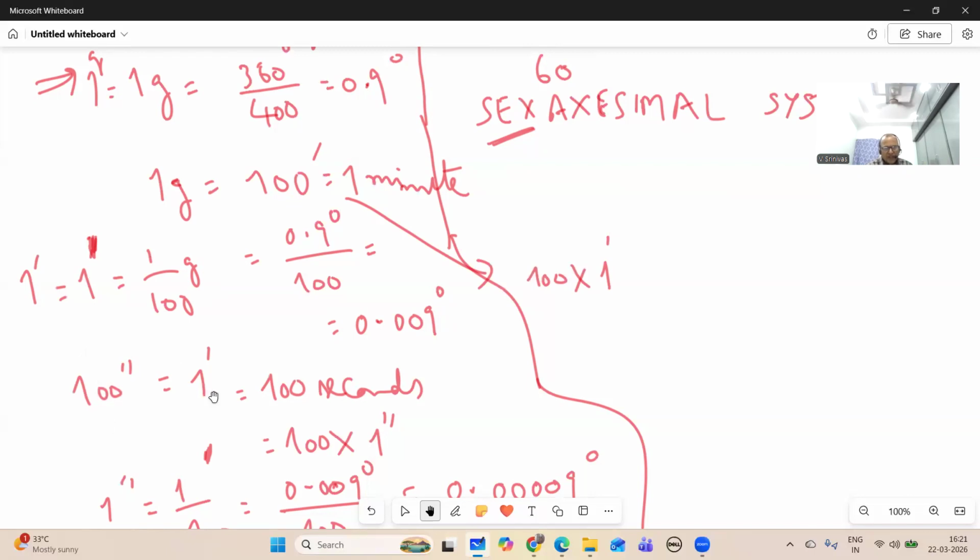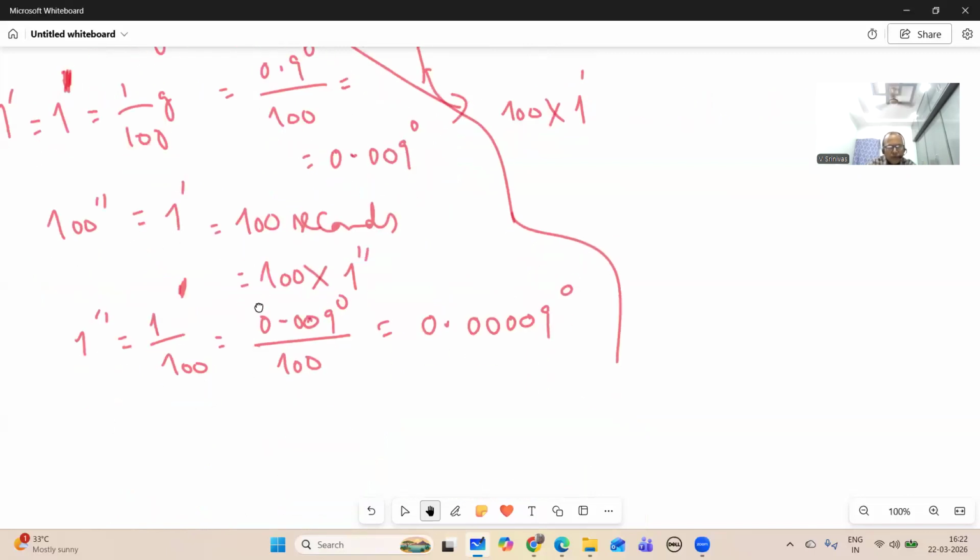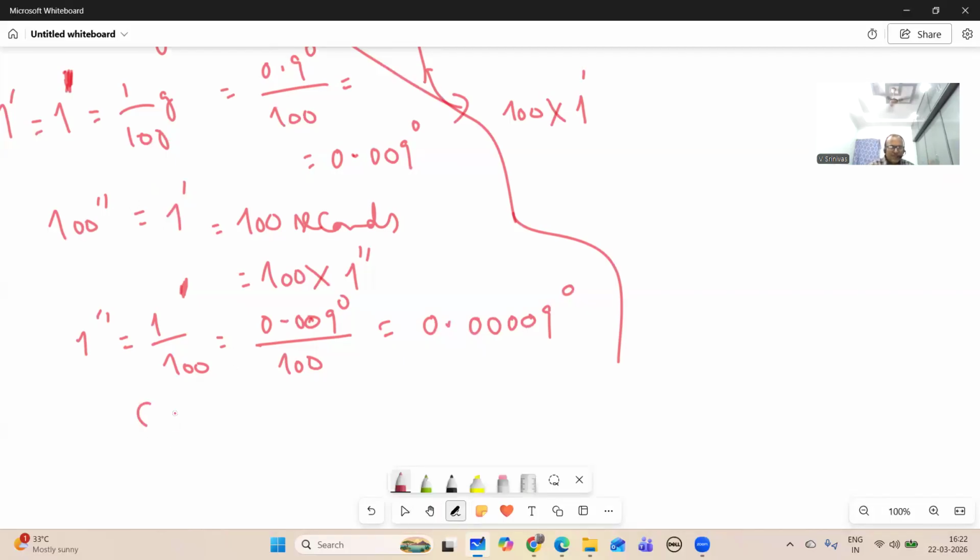So 1 second is the 100th part of 1 minute. That's how these subdivisions are formed using 100, and that's how the centesimal name has come. Cent stands for 100, so 100 parts are taken here.